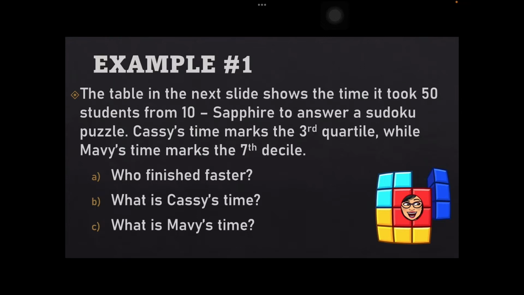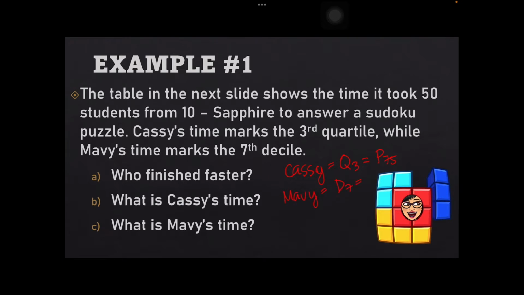So, syempre, alamin muna natin kung sino yung natapos ng nauna. So, kung titingnan natin yung kanilang mga measures of position, si Cassie daw ay nasa third quartile. Okay? Kung gagawin natin yung percentile, it's actually equal to the 75th percentile. Tama? At alam natin na si Mavi ay nasa 7th decile.